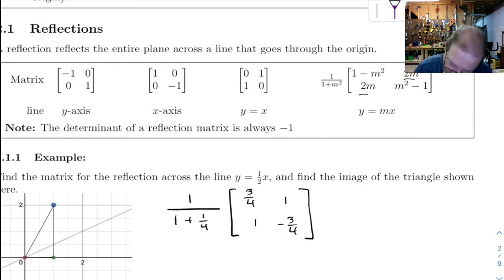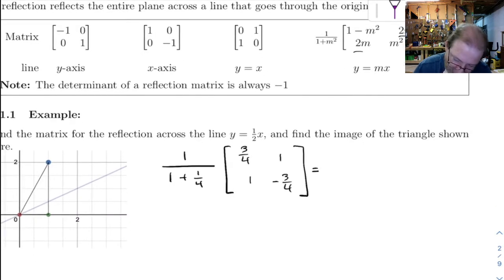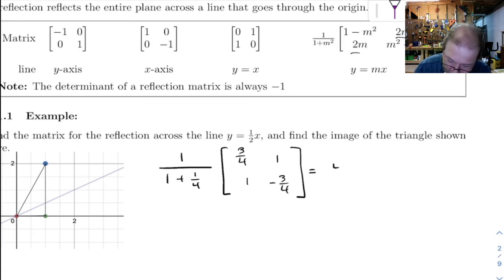All right. This thing on front is 5 over 4, and when you take the reciprocal of it, you get 4 over 5. So we've got 4/5 times 3/4, 1, 1, negative 3/4.